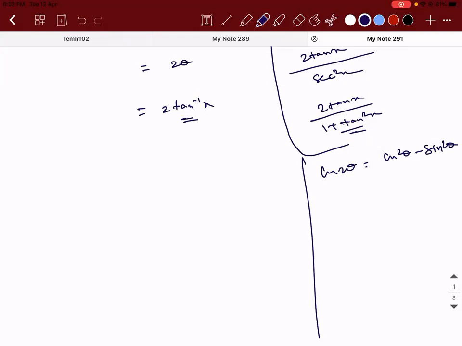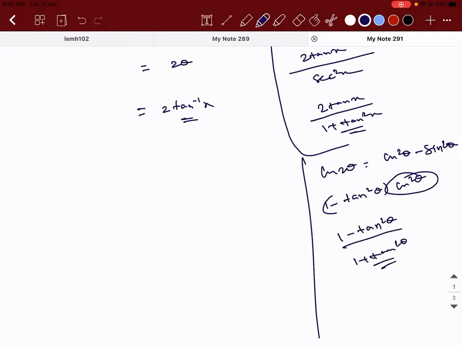So divide with cos square and compensate it with cos square. So 1 minus tan square theta into cos square theta. But cos square theta is 1 by secant square theta. So 1 minus tan square theta divided by secant square, that is 1 minus tan square divided by 1 plus tan square. Please make a note of it.